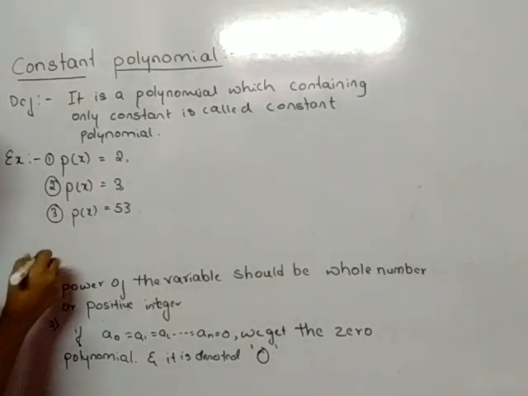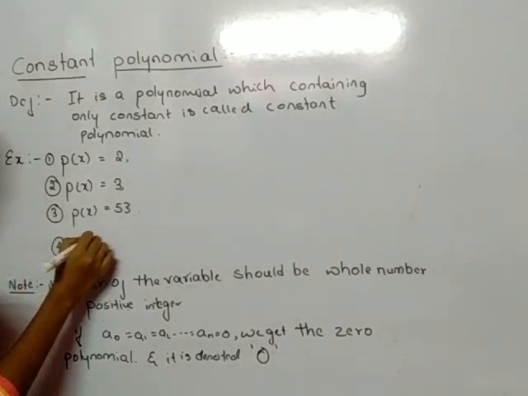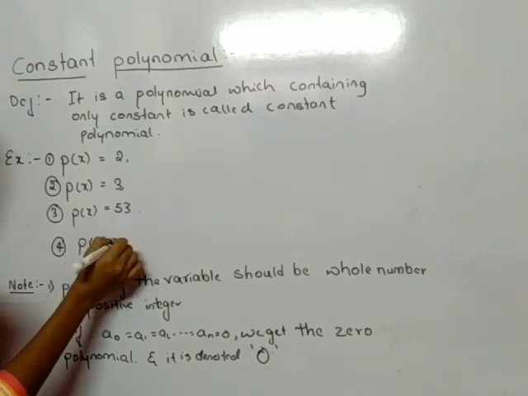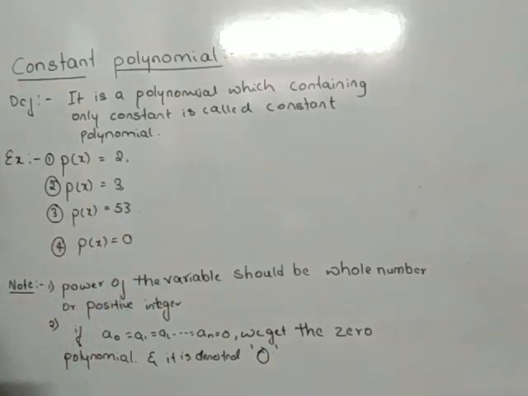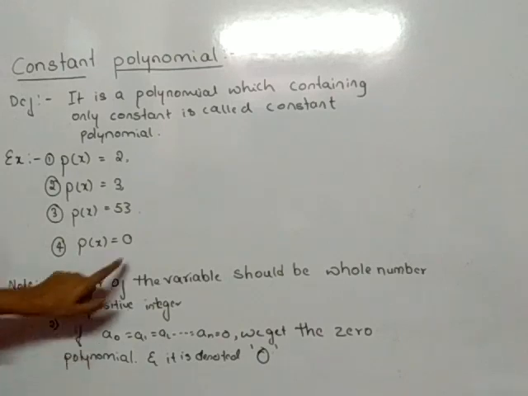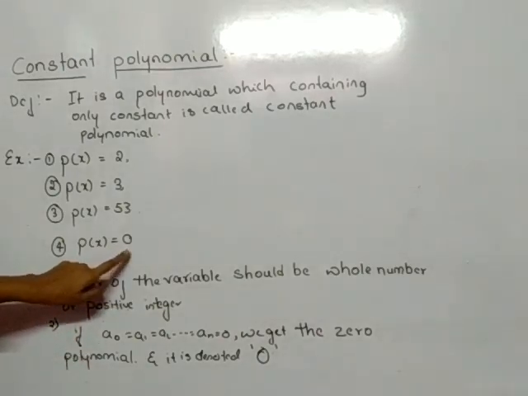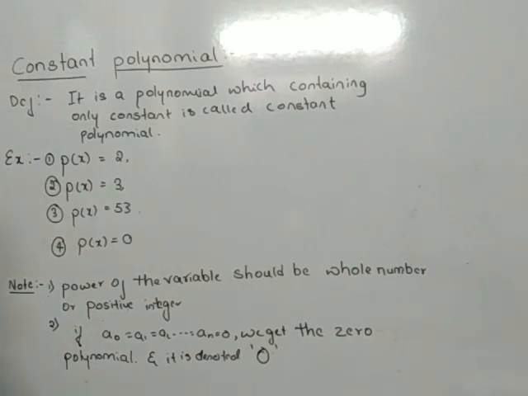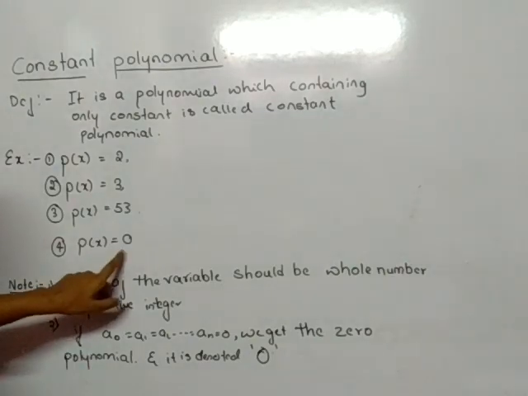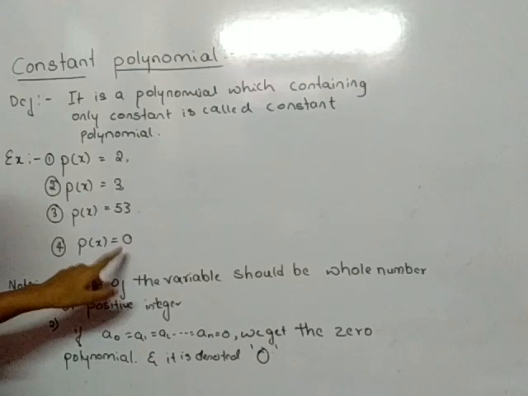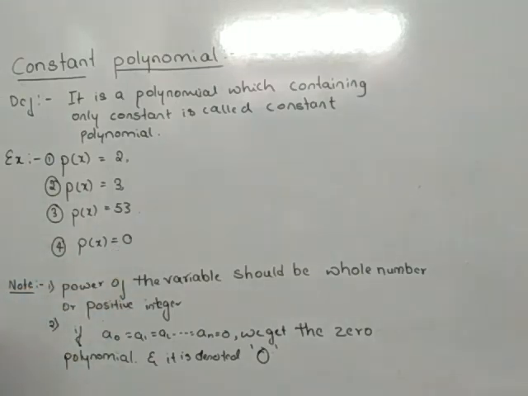If we take here example 4, if the polynomial contains the constant 0, then such types of polynomials are called zero polynomials.